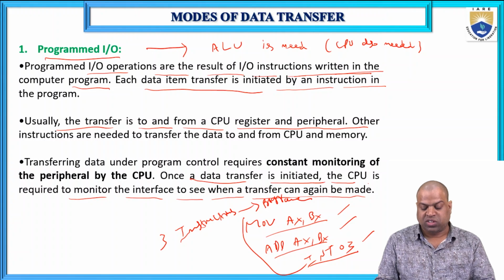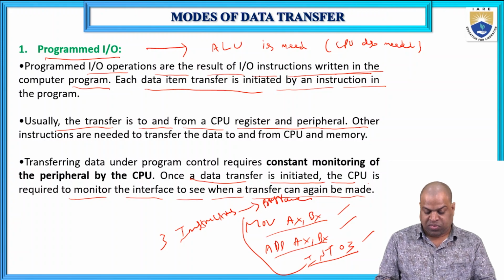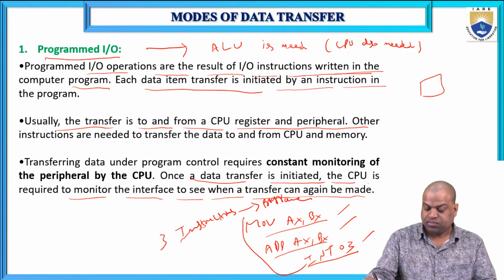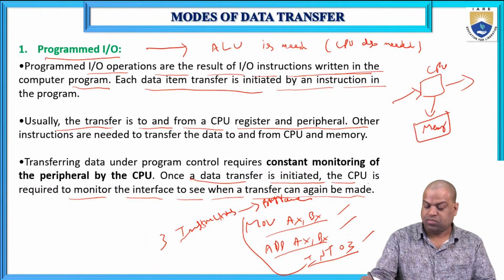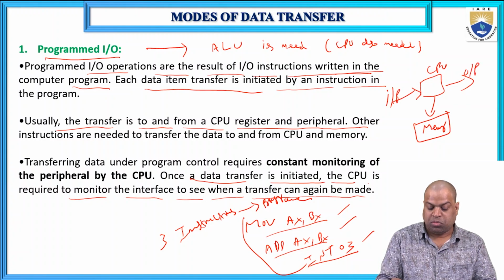Once a data transfer is initiated, the CPU is required to monitor the interface to see when a transfer can again be made. So the CPU is connected to the memory.